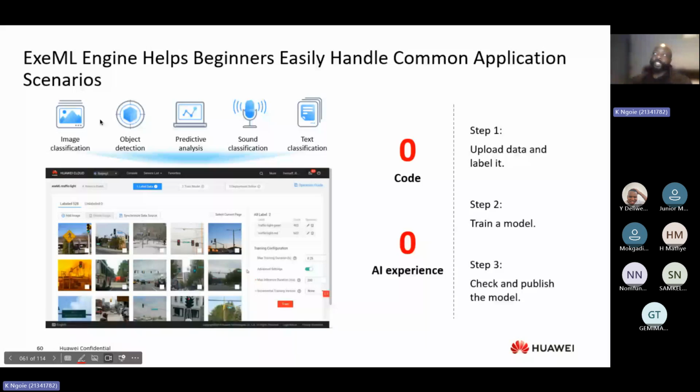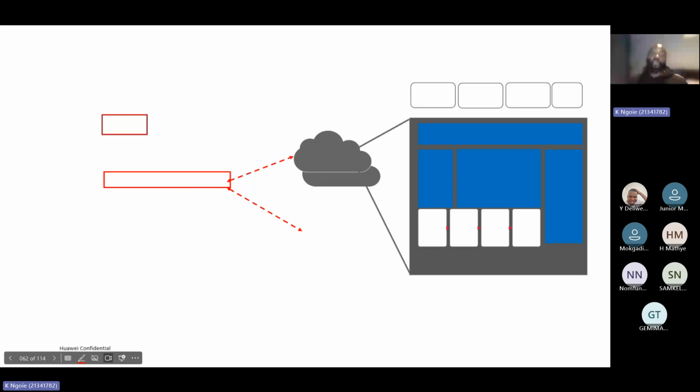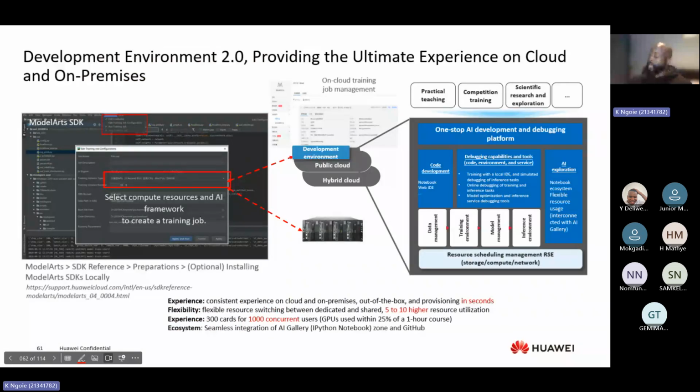How will this work? You have image classification, object detection, predictive analysis, sound classification, text classification. In all these scenarios, you can use it. In this case, we were using the EasyML machine learning engine, which helps beginners easily handle common application scenarios. There are many tools found on the Huawei EI platform.